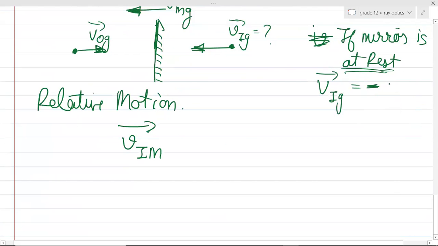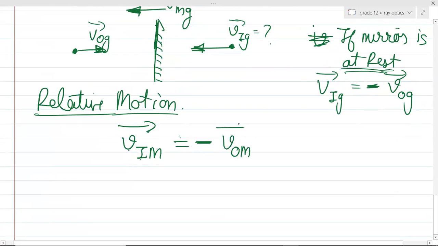So by using the concept of relative motion, when the mirror is assumed to be at rest, then the velocity of the image will be the negative of the velocity of the object with respect to the mirror, right? And we can use the concept that the velocity of the image with respect to mirror can be written as the velocity of the image with respect to ground minus the velocity of the mirror with respect to ground, right?